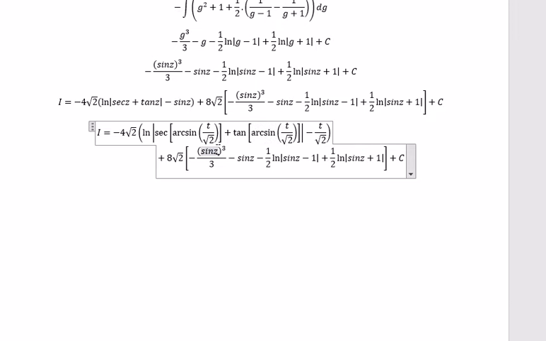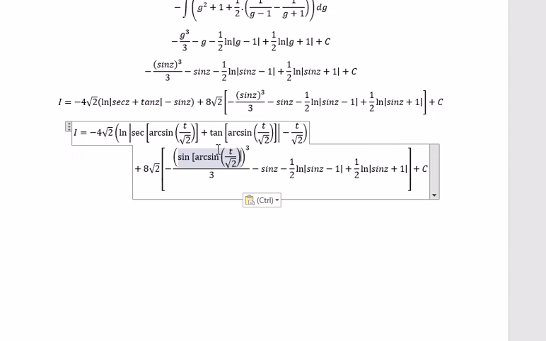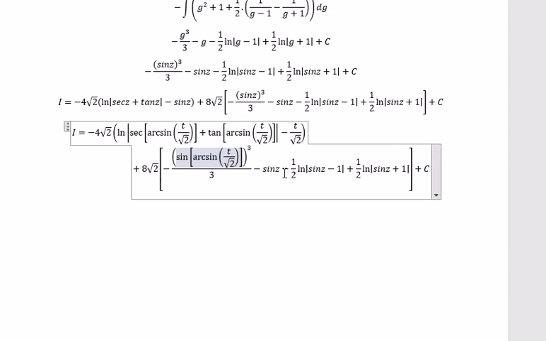So we put this one in here. So we have that, we have sine, sine and sine. So we change everything into t over the square root of number 2.